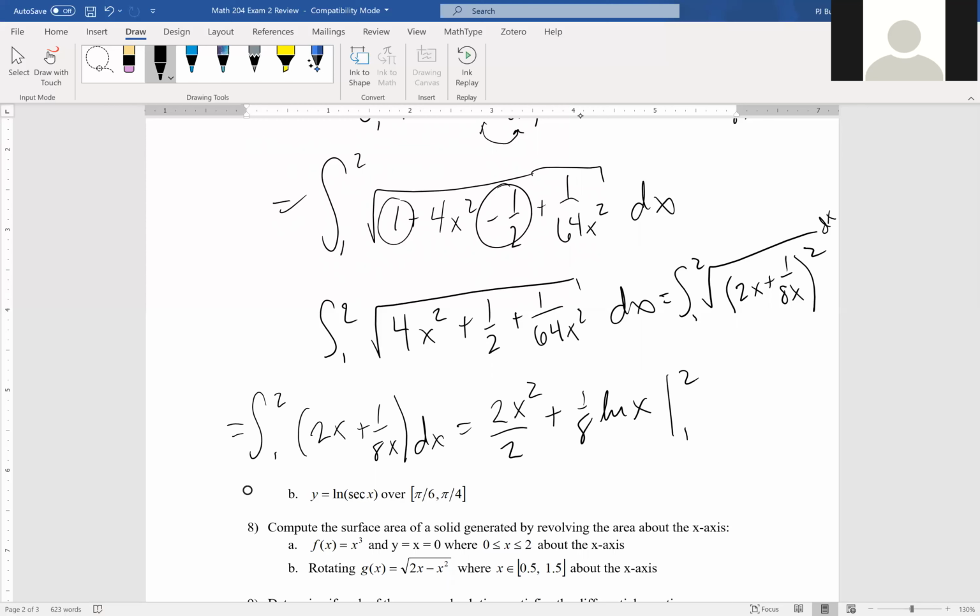Right, the first one you get x squared over 2, those cancel. The other one is over x, so that's natural log.